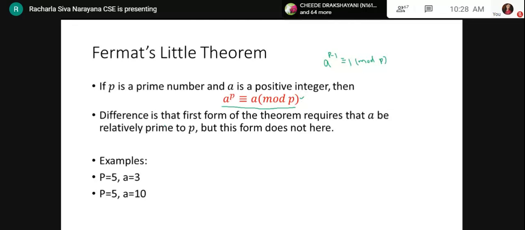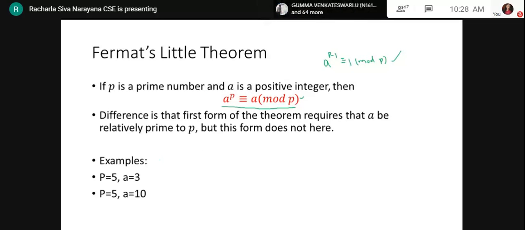The difference between Fermat's theorem and Fermat's little theorem is that Fermat's theorem requires a to be relatively prime to p, but Fermat's little theorem does not require a and p to be relatively prime. You know relatively prime means the GCD of the two numbers is 1.